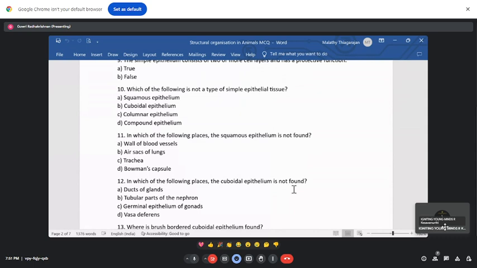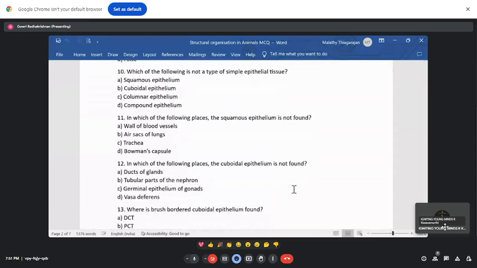Can you say anything about squamous, cuboidal, and columnar? What do you know about these 3 epithelia? Squamous is irregular in shape. Cuboidal, as the name says, is cube in shape.